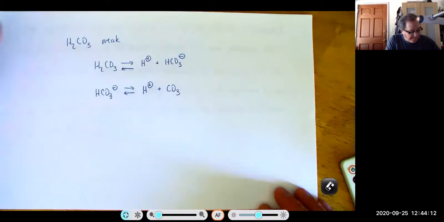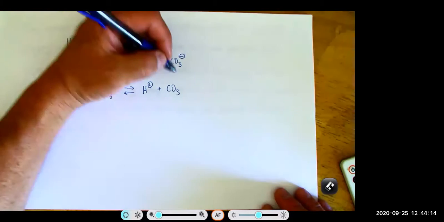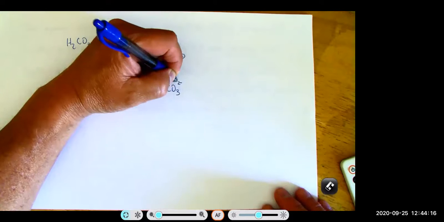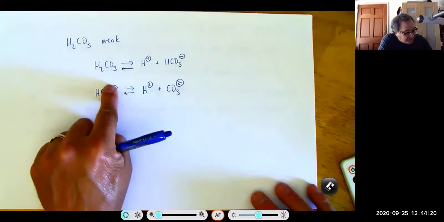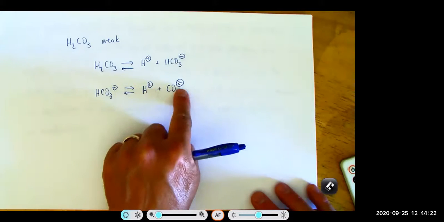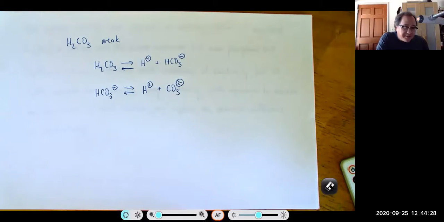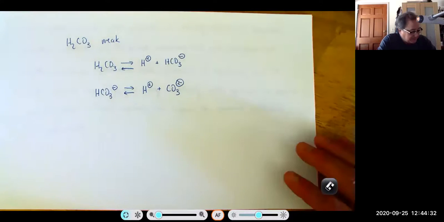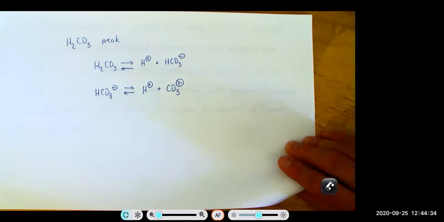Would it have to be negative as well? Negative what? -2. Okay. -1 on this side, +1 and -2 adds up to -1. Now it adds up. So you know how we balance by elements? We also balance by charge. Oh, you can do that.